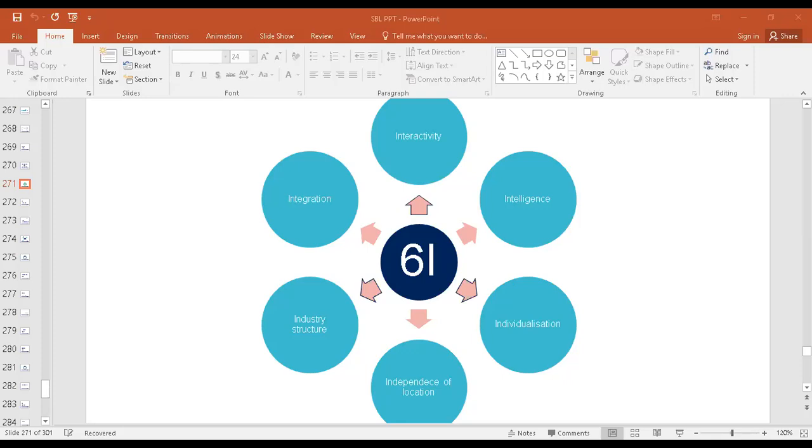Middlemen were there. So sometimes the middlemen were removed. Sometimes the middlemen were brought into the picture. When things were happening online, there was no need for any middleman.